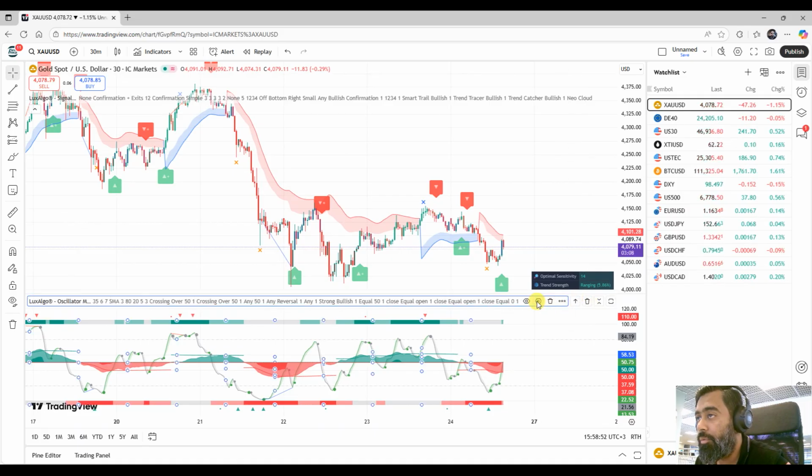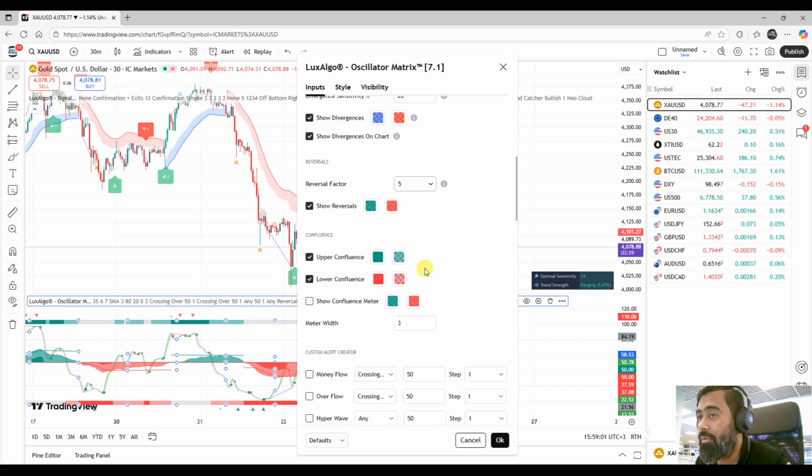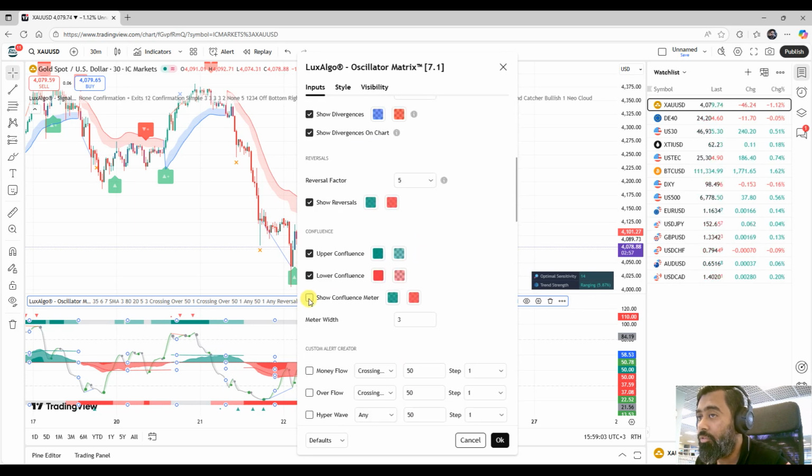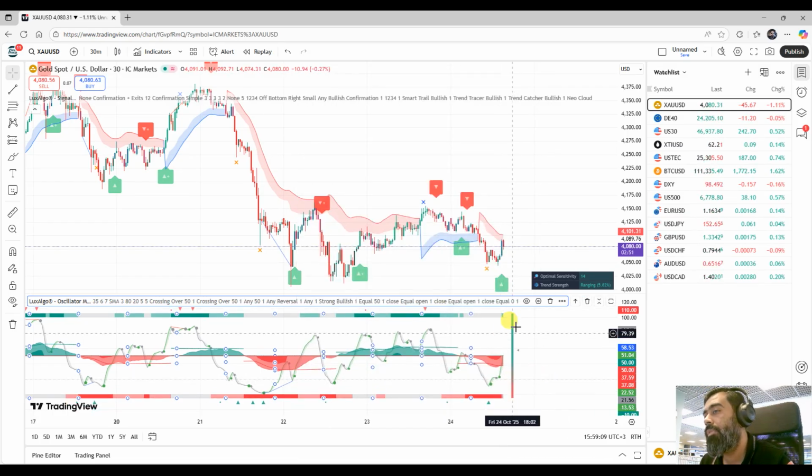We go into the settings, and we don't change any of the settings of the indicator. We click on show confluence meter, and we make the meter 5 for good visibility. Here you go. The meter should not be in the grayish or darkish area or in the red or pinkish area. It should be somewhere near the light green or the dark green.